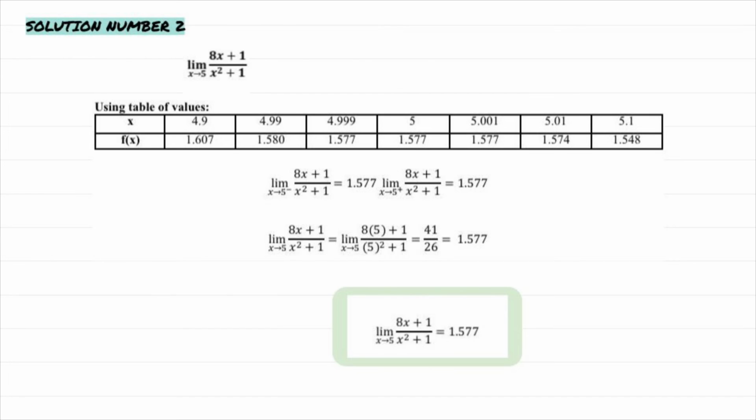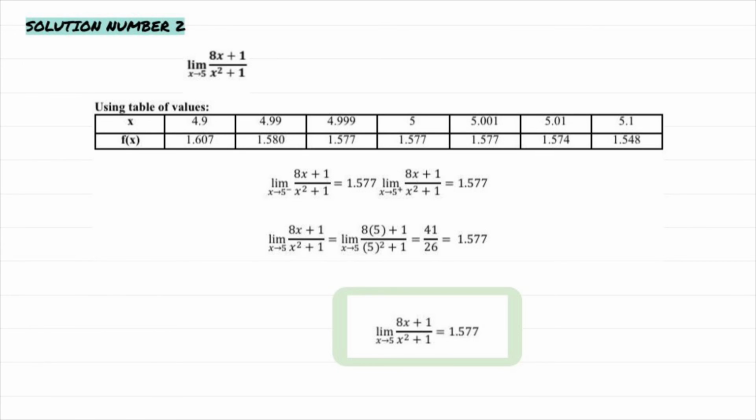As you can see, there is an x which is already encoded, and we are going to use that to find the f of x. For example, 4.9. We are going to substitute that into our function, which is now (8 times 4.9 plus 1) over (4.9 squared plus 1).